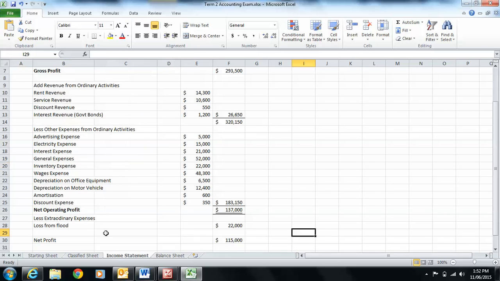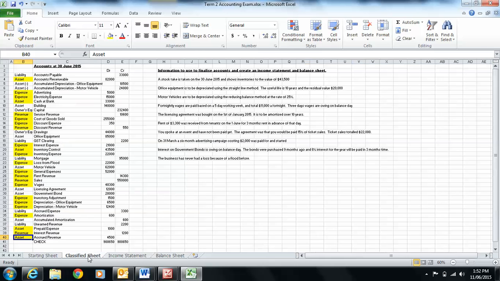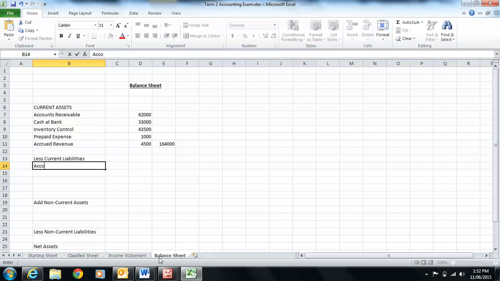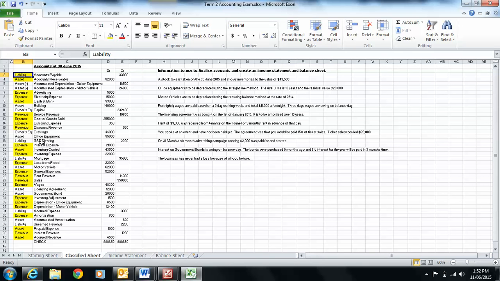Now we're going to find that we have to pay some current liabilities. So let's go through and find our current liabilities. Right at the top, we've got $33,000 of accounts payable. I saw in there that GST clearing is a current liability, $2,200.